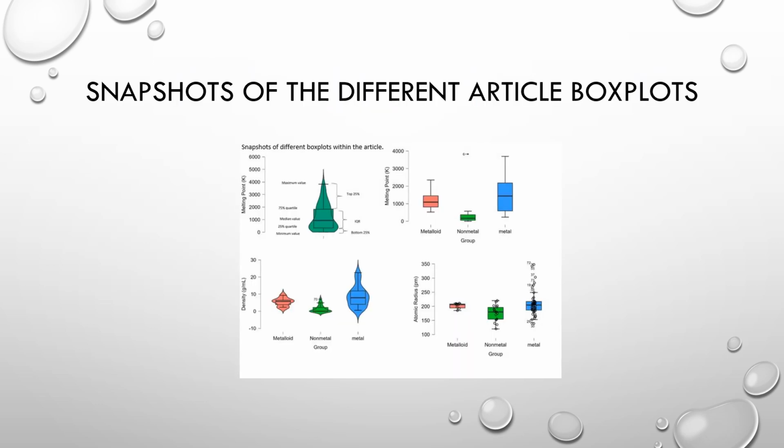You will see here a snapshot of a few of the box plots that were used for this article. These box plots were created by JASP, which is a statistical program similar to our StatCrunch.